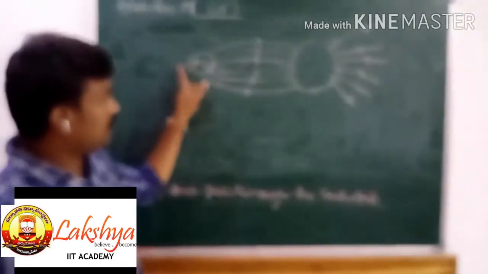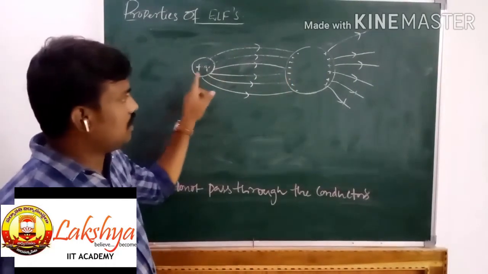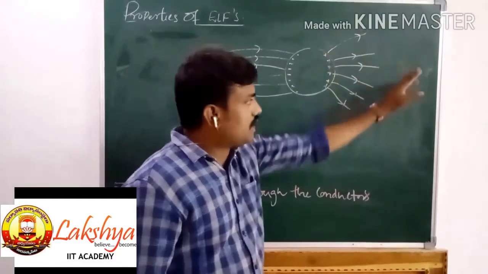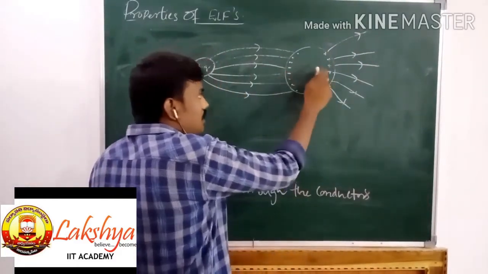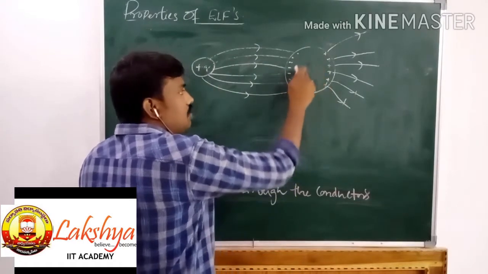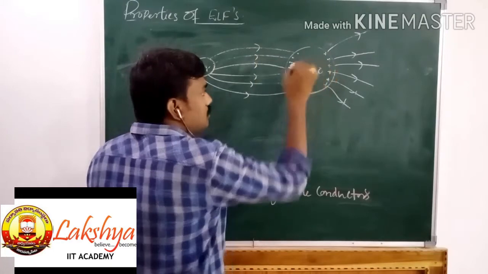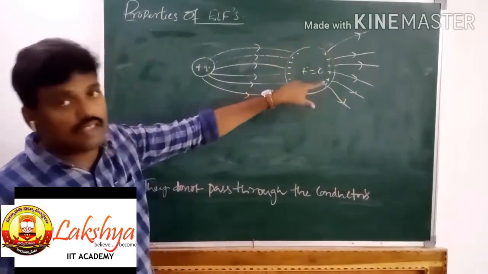So we can expect the electric field in between this surface and the charged particle, and from the surface onwards we can expect an electric field. But if you see, there is no electric line of force here. There is no electric line of force here. So the electric field will be equal to 0. There is no electric line of force existing inside the conductor.